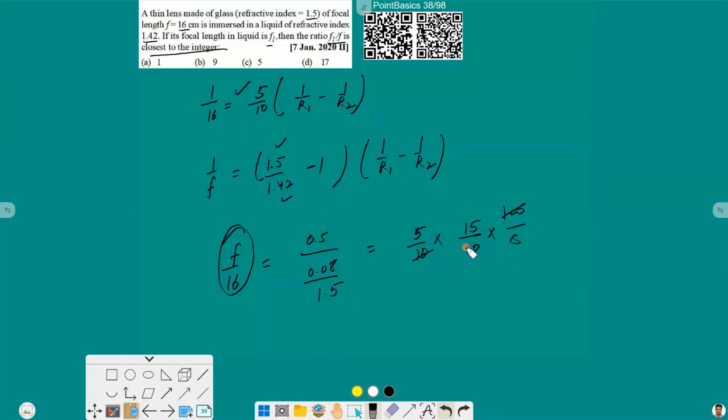So these are cancelled, and we have to find out the closest integer. So we will do an approximation here. We will assume that 15 as 16, so this will be 5 into 16 by 2, so this will be 10. So the option that is nearest to us is 9. So option B will be the right answer.